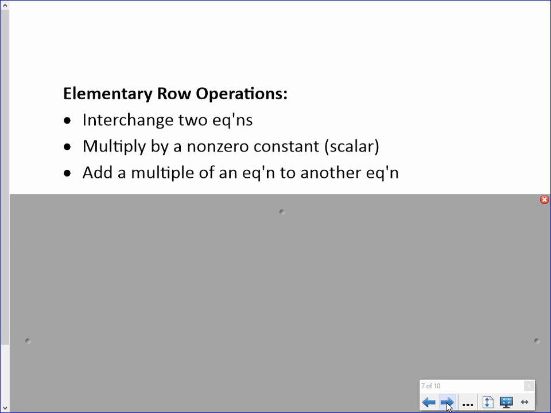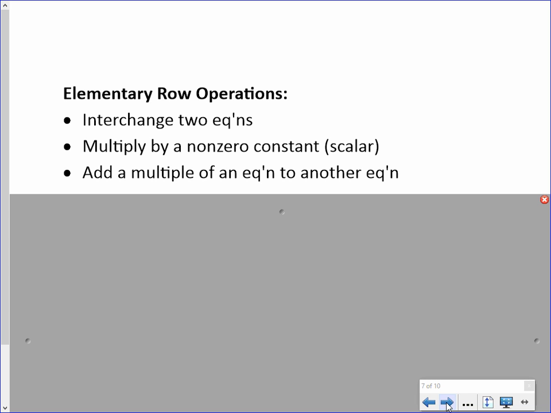And when the book talks about rows, they also call them equations, because in the augmented matrix, every row represents one of the equations in your system. So, things you can do. Interchange two equations. For those of us who came from Mr. Griebel, and when we did three variable systems, we labeled like R1, R2, R3.